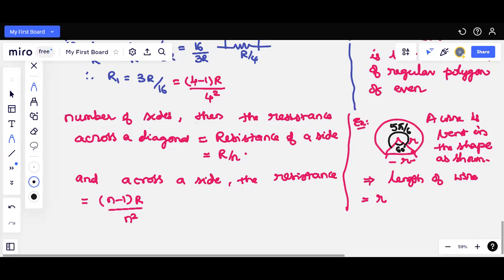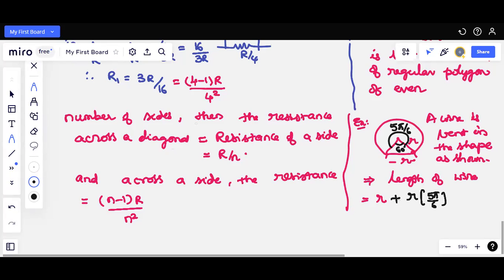Right, 5 pi by 6. So for the 5 pi by 6 angle, what is the length? Again the arc principle, L is equal to R theta, and R into theta is 5 pi by 6. Understood? This is the length of the wire.